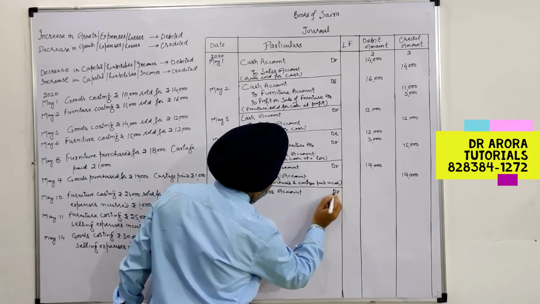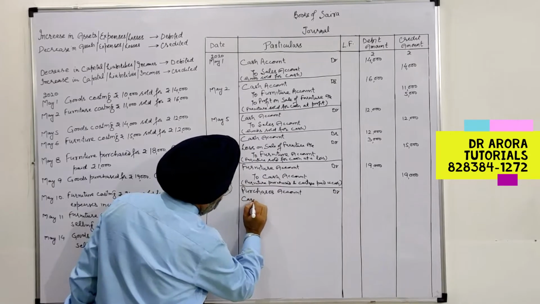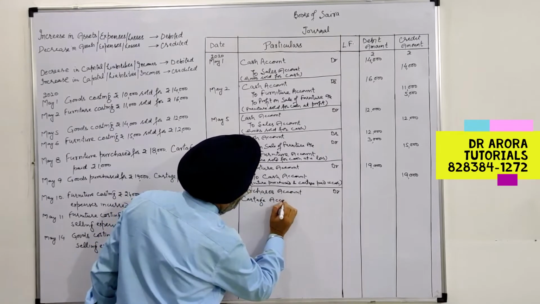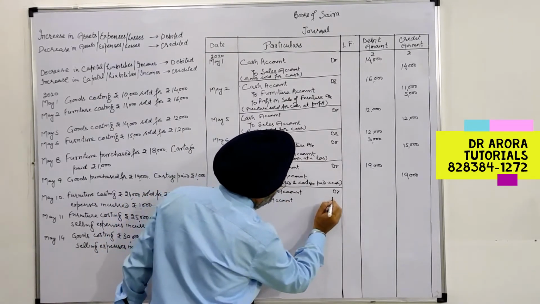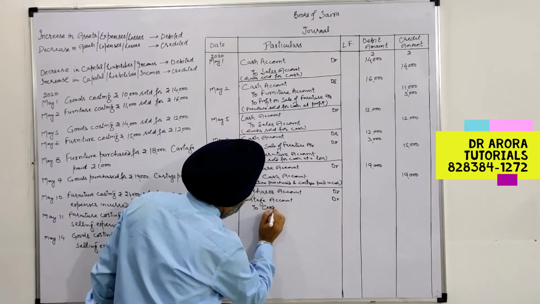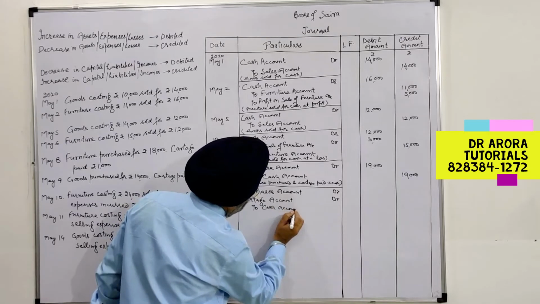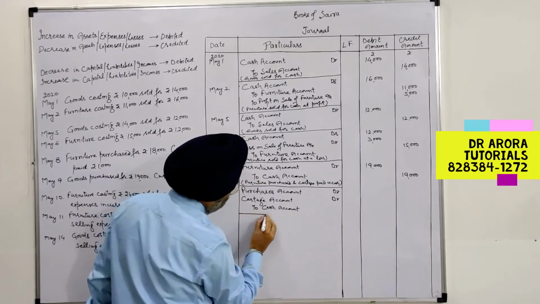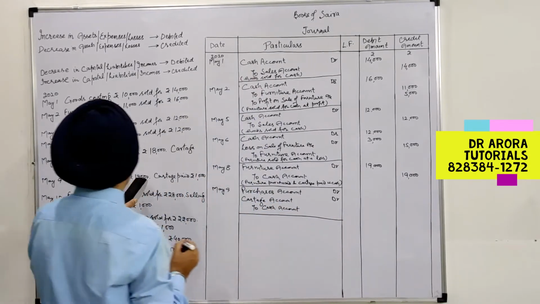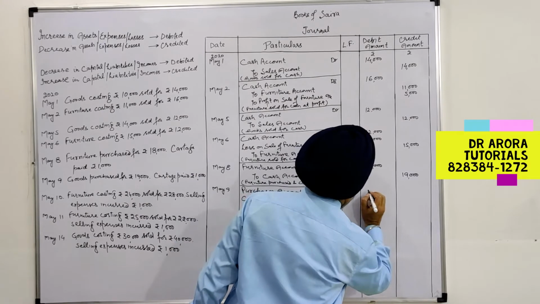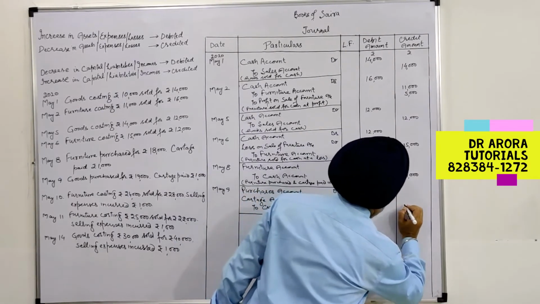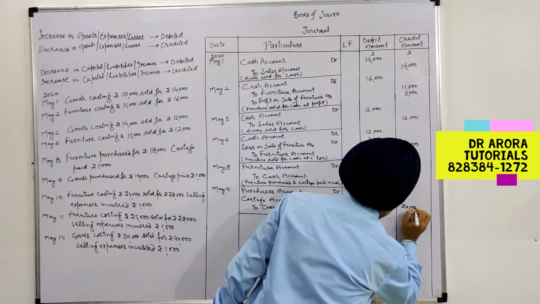Purchases account debit, cartage is revenue expenditure, and revenue expenditure will be debited, debit all expenses or increase in expenses, and cash is going, hence to cash account. So goods purchased was 19,000, cartage was 1,000, and total cash paid is 20,000.